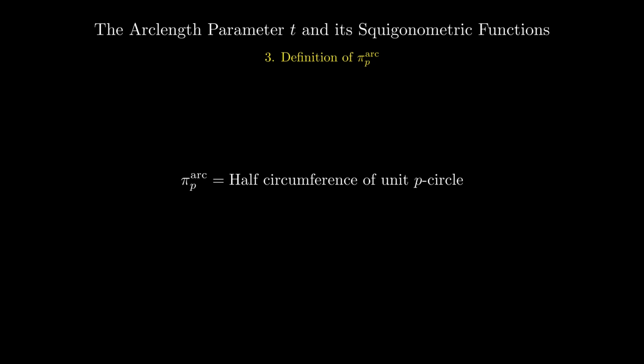We can use that to define pi p arc, because it should be half the circumference of the p circle, or in other words, the p arc length traveled when you go through a semi-rotation of the p circle. But you can also express this in a different way.